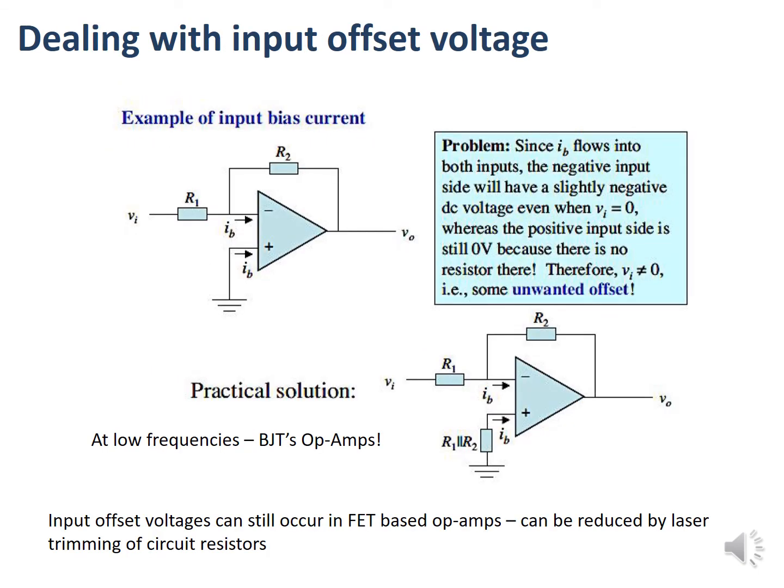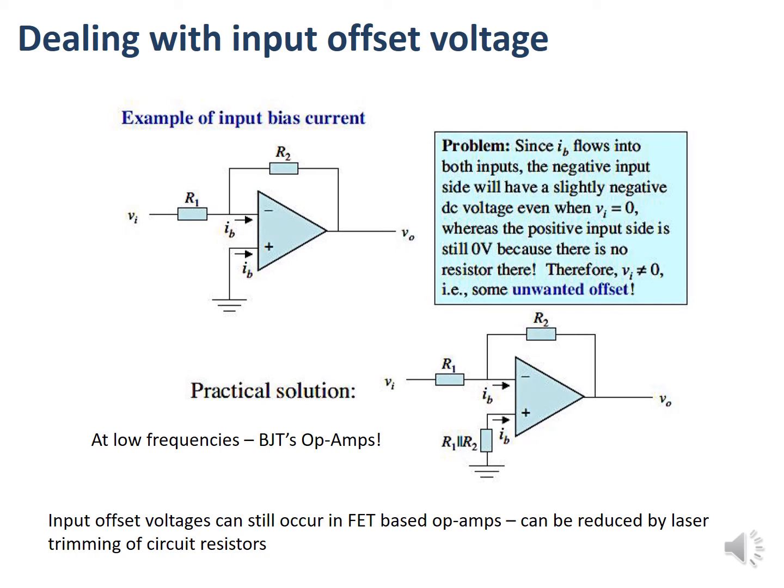So is there anything I can do about this input offset voltage? Well, there are some tricks that I can use to reduce the effect of this. For example, I've shown an op-amp circuit here with the resistor network R1 and R2, and this offset is generated really because those resistors exist. There's going to be a current flowing into that side, and that generates a voltage, which then produces a voltage in the output. There's nothing I can do about that.